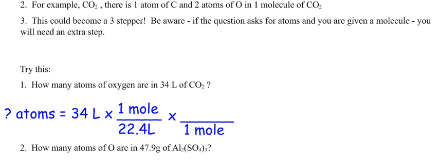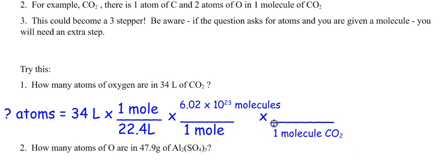What did we do if this said how many molecules of oxygen are in 34 liters of carbon dioxide? So how many molecules? You need to go to that step. If this is a compound, you still need to go to molecules, because what happens next? We're going to say in one molecule of carbon dioxide, that's when we have two atoms of oxygen.